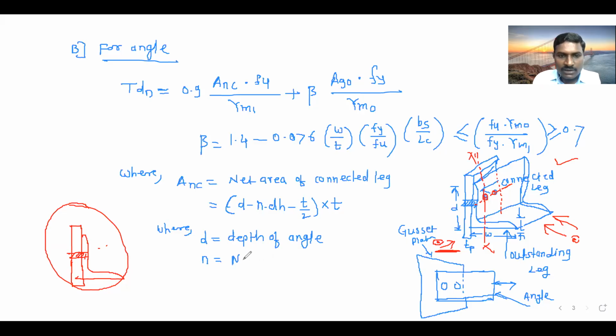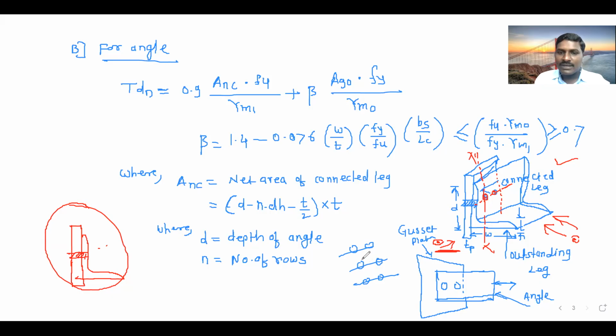Now here N is the number of rows, not the number of bolts or number of bolt holes. Number of rows means these are the number of rows: 1, 2, 3. Why are we taking the number of rows?